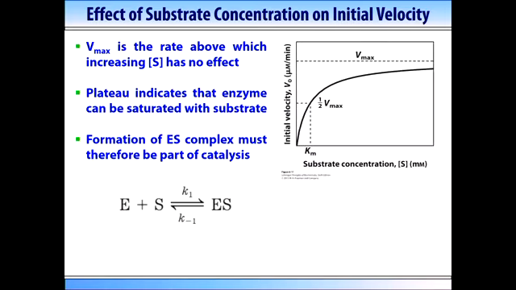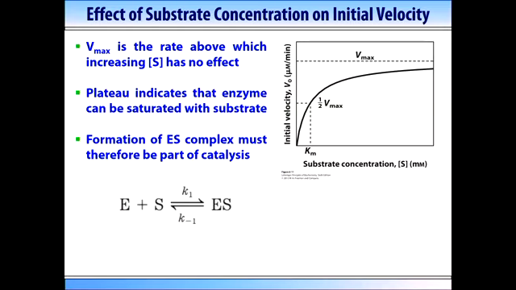This is how it looks in terms of the graph. Now if we plot the initial velocity, which is only the tangents, or the slopes of the curves at time point 0, against the substrate concentration, we will see that as the substrate concentration increases, the rate first grows, but then it starts to grow slowly, and at some point it becomes steady. You add more substrate, but the speed will not change.